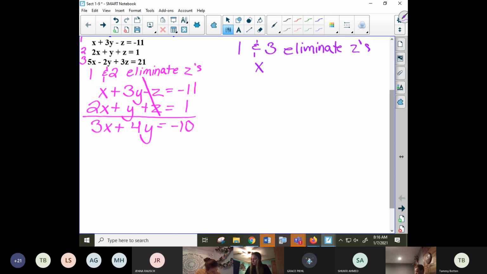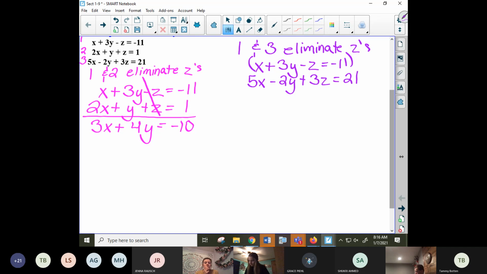So I'm going to write down x plus 3y minus z equals -11, and 5x minus 2y plus 3z equals 21. And again, we have to eliminate our z's. So what I would do then, my bottom equation has plus 3z, so my top one has to have minus 3z.